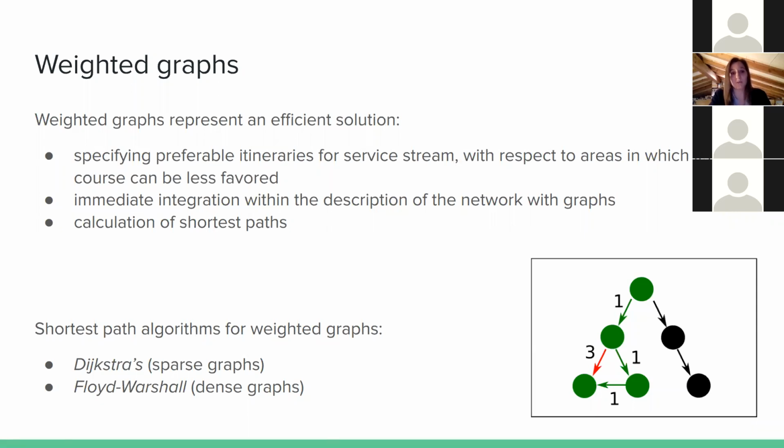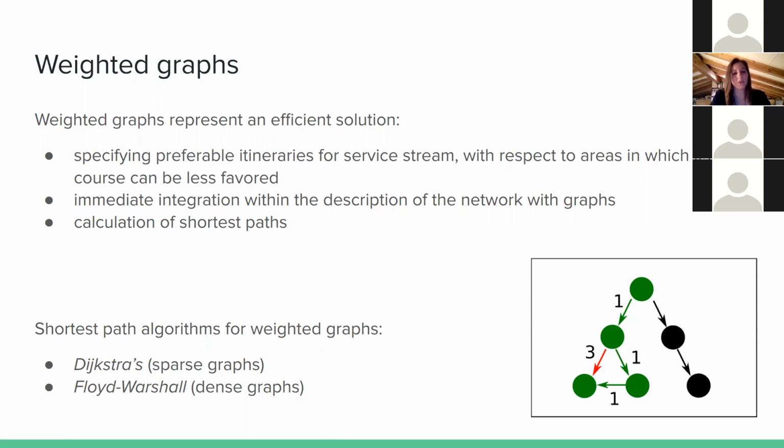This concept is of immediate integration, of course, with a description of the network with the graphs, and you can compute the shortest path. And as long as you have depicted your weights in the right way, then the shortest paths are also going to be the best ones to run.